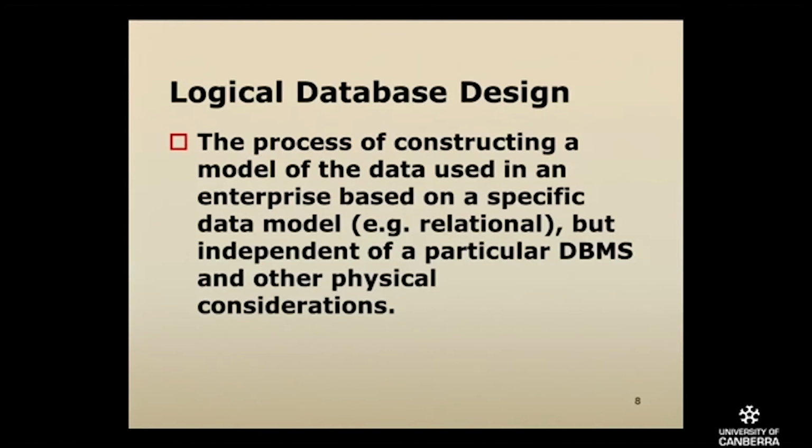And then, once you understand what the problem is, try to identify the entities and attributes of each entity. So this is basically the first stage of the database design.